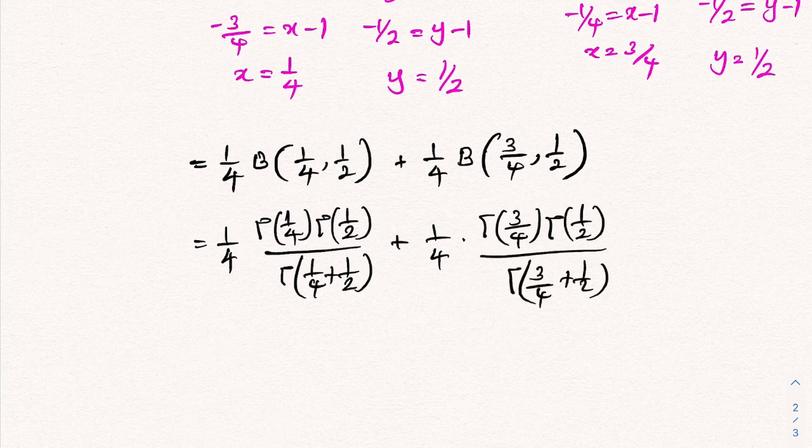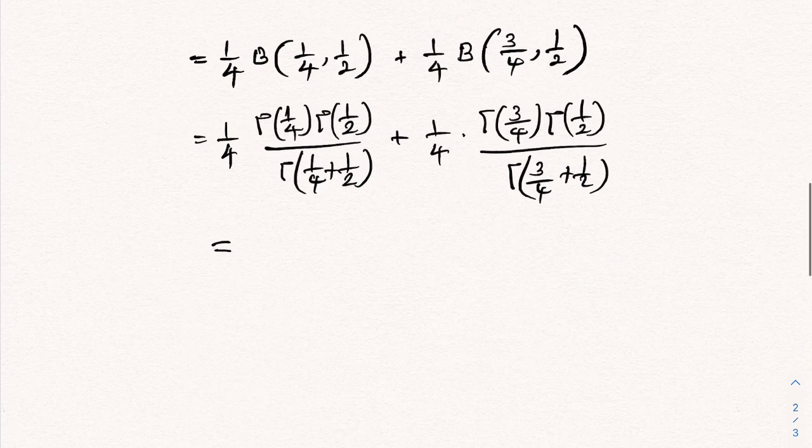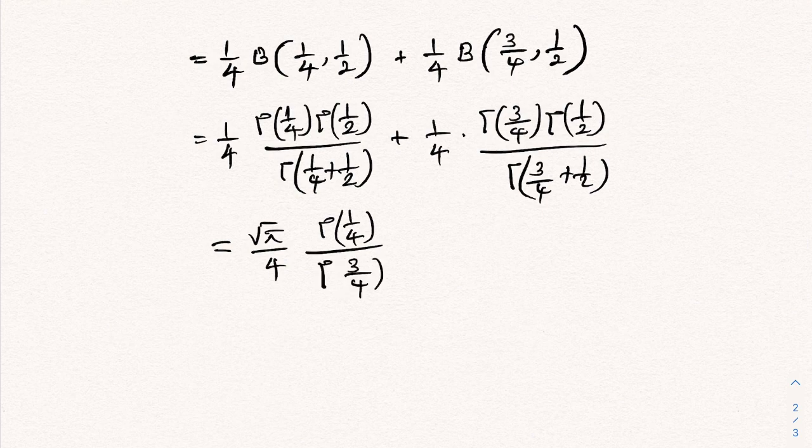Well, then we know gamma of 1 half is equal to the square root of pi. So square root of pi over 4 times gamma of 1 over 4 over gamma of 3 over 4 plus 1 over 4, times again gamma of 1 half, which is square root of pi.